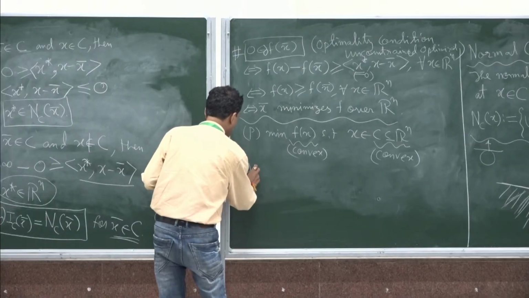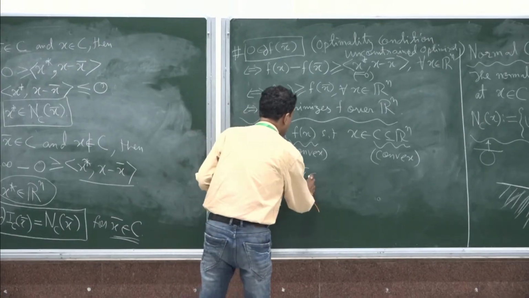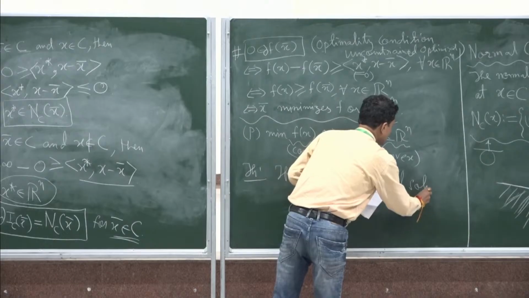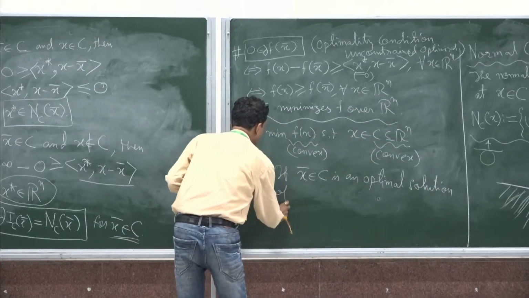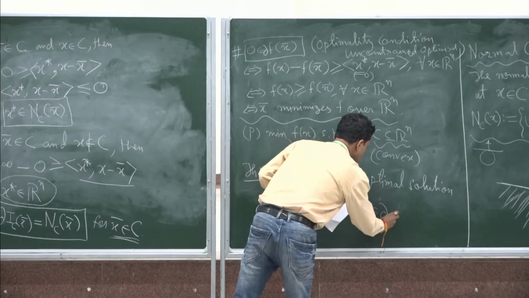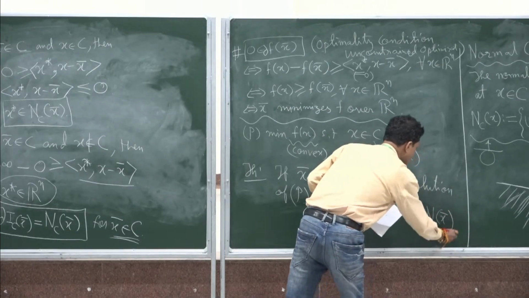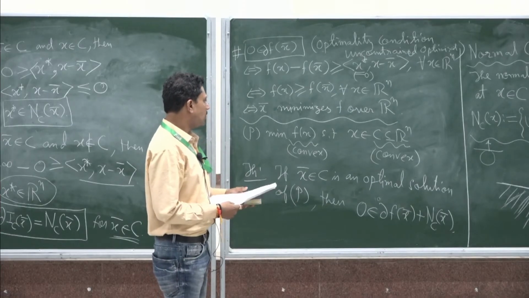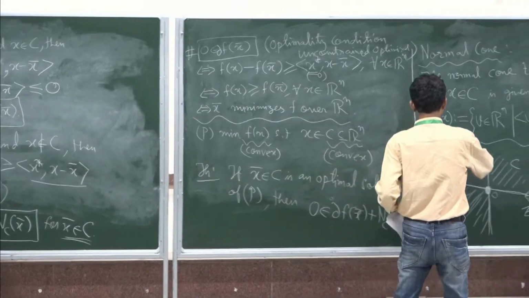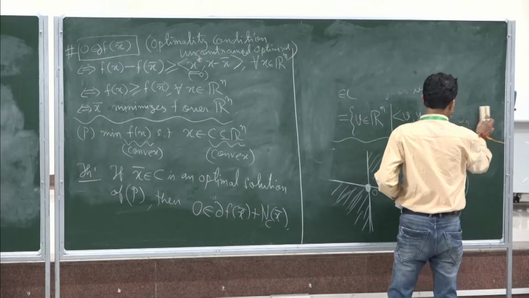So the result is that if x bar in C is an optimal solution of P, then 0 belongs to the subdifferential of f at x bar plus the normal cone to C at x bar. So we need these normal cones, because then we will reduce this problem by using the indicator function to an unconstrained optimization problem.